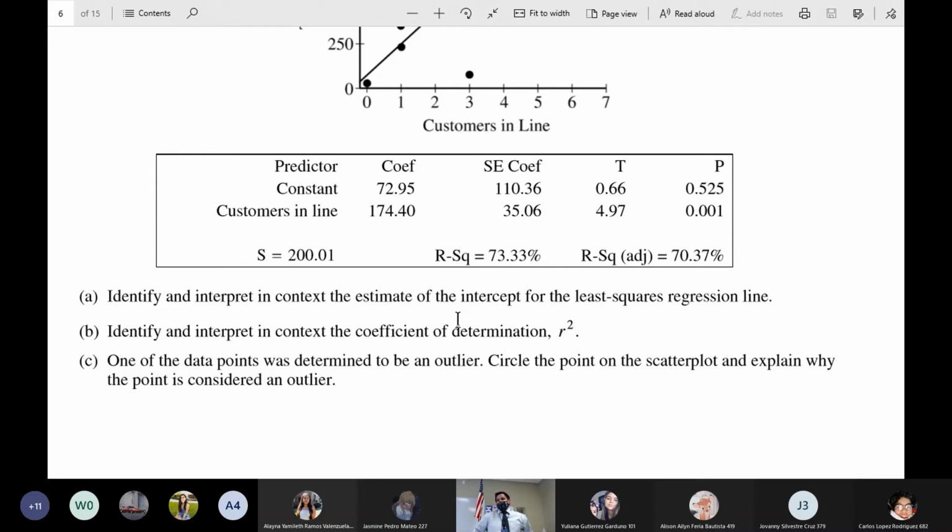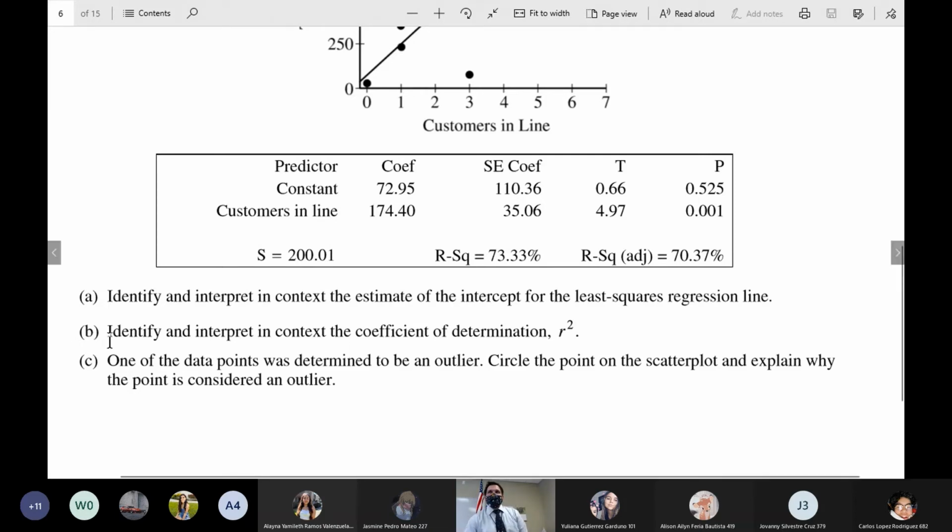Essentially it means if there are no customers in front of the customer being tracked, it will take about 73 seconds for that customer to be checked out and to be done. So if they enter an empty line, no one in front of them, 73 seconds, a little over a minute, and they're done checking out.